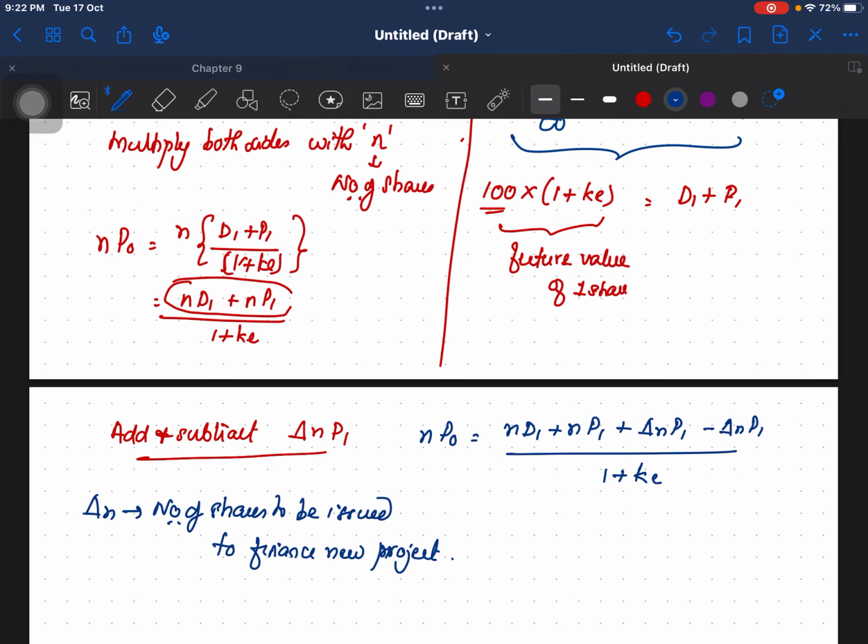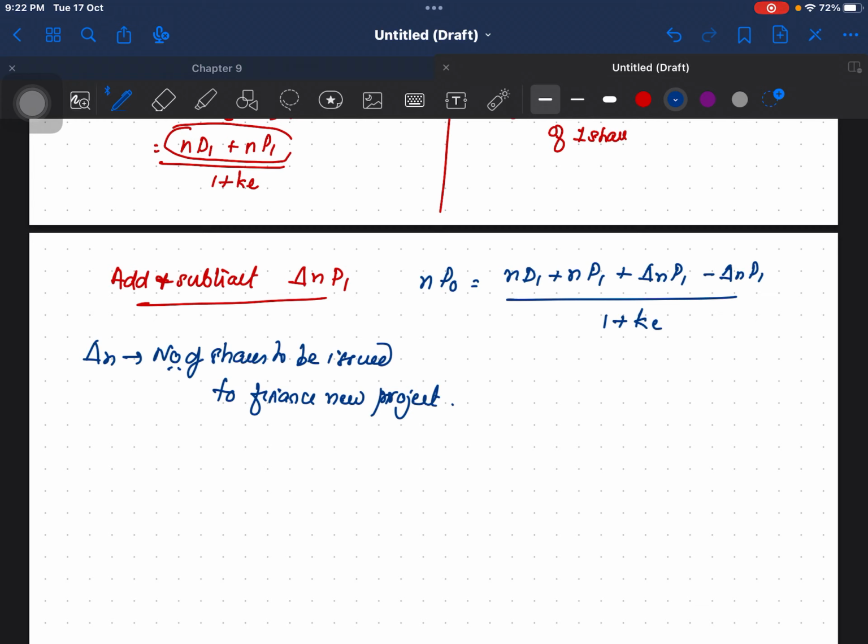Delta n refers to the number of equity shares you have to issue to raise further funds for financing your project. P1 is the price per share at the end of year 1, and these additional shares are also issued at the end of year 1. So delta n into P1 is the total value you receive by issuing delta n shares.